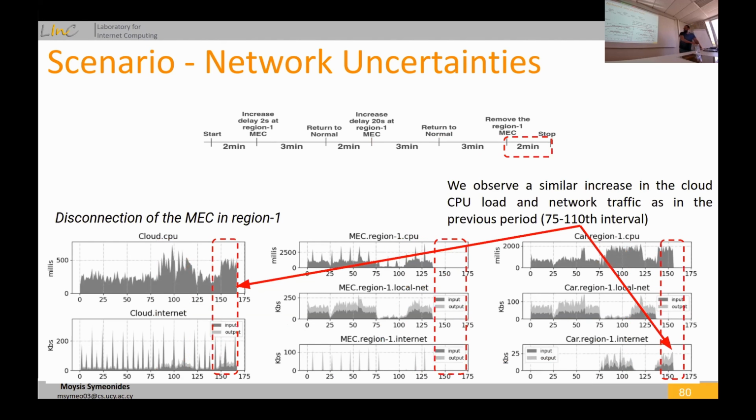And finally, we disconnect, which actually destroys the MEC node 1. And again, we have similar effects as the increased network delay. So we can observe again an increased CPU utilization at the cloud and increased traffic at the car region 1 network.